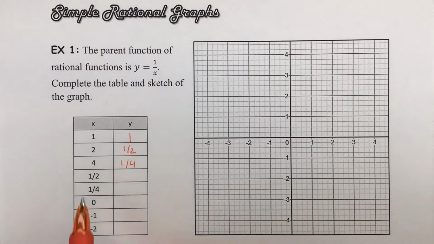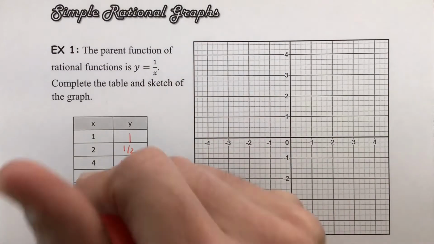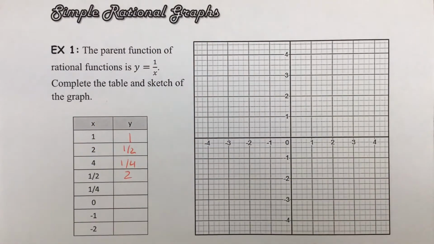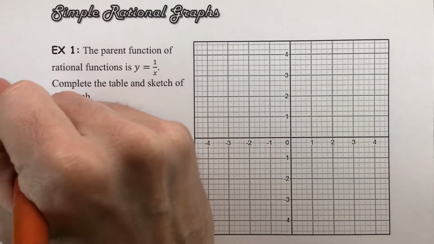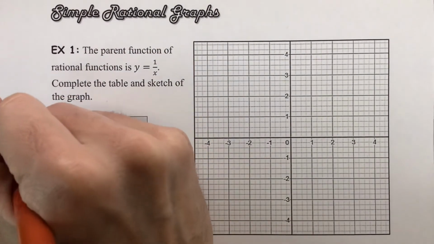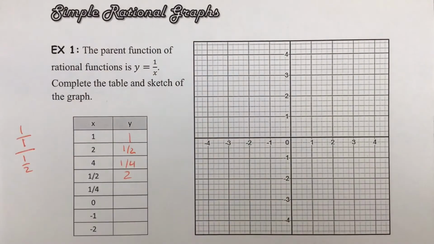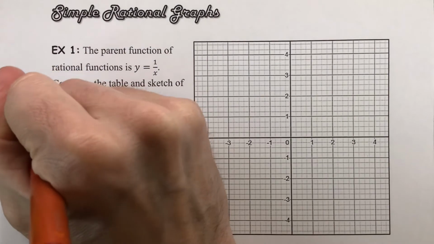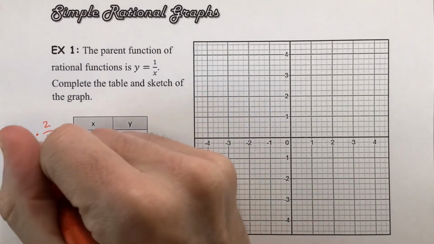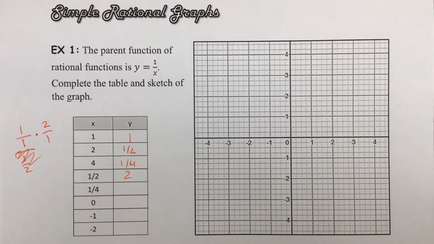However, if you divide 1 by 1/2, you actually get 2. And we can show that with keep change flip. We could take 1, let's write this as 1 over 1, divide that by 1/2. Keep change flip will multiply by 2 over 1, which gives you 2.